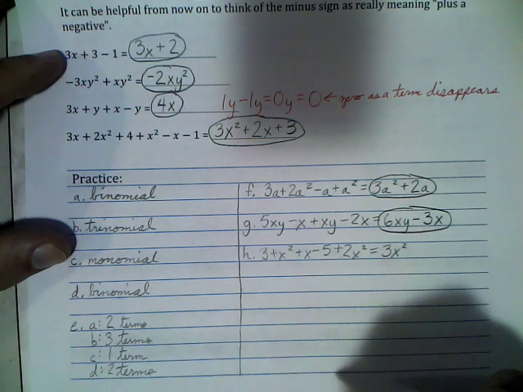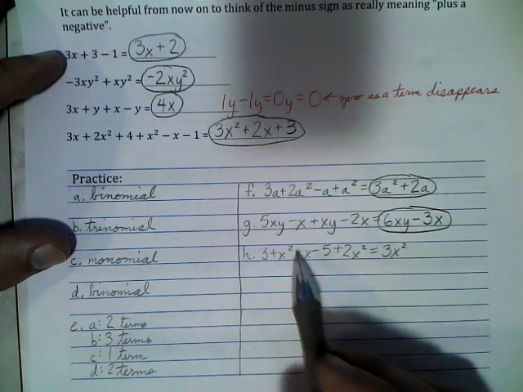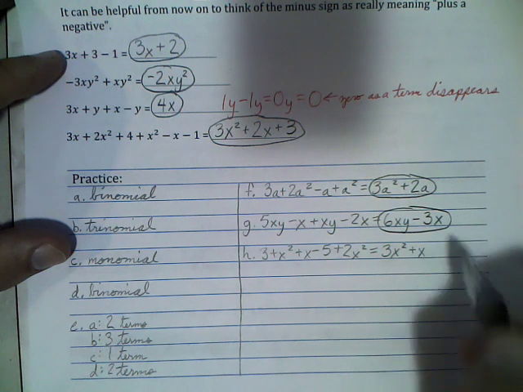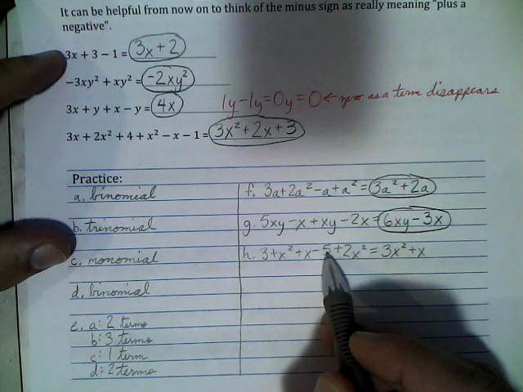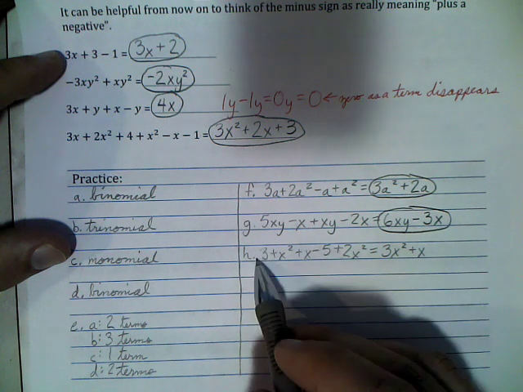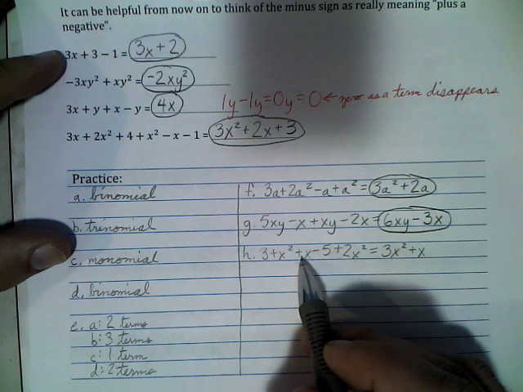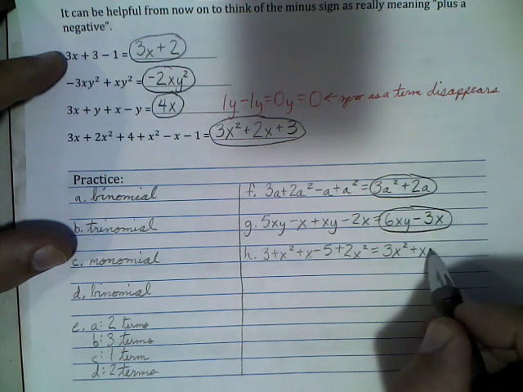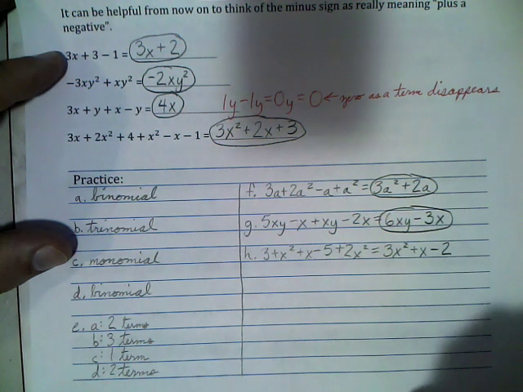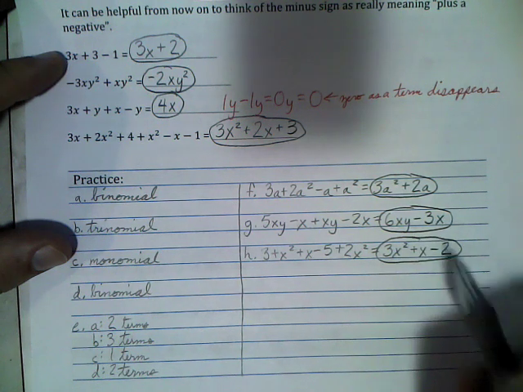Now I'm going to move on to my x's. Well, that was my only x. I don't have any other x terms. So it's just going to be all by itself as a plus x. And then finish it off with the constants. So I have a positive 3, and then minus 5 is like a negative 5. So 3 plus a negative 5, well, that'd be 5 minus 3 would be 2. And then since it's the negative that's bigger, negative 2, which we'll just write as minus 2. So 3x squared plus x minus 2.